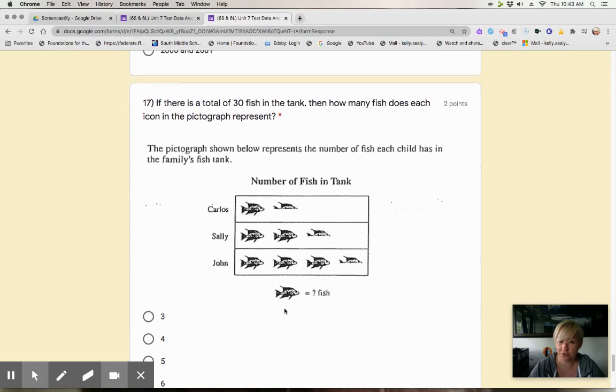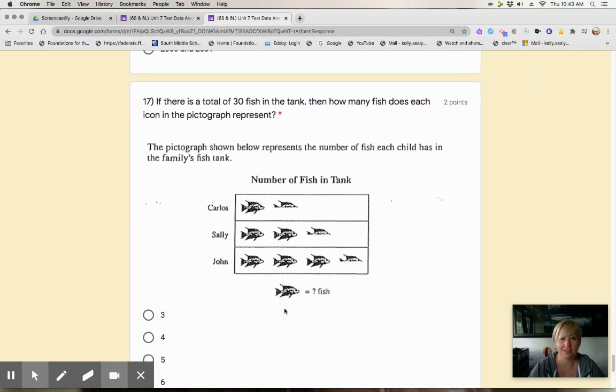Okay, question 17. If there is a total of 30 fish in the tank, then how many fish does each icon or picture in the pictograph represent? First I'm going to count how many pictures are in the pictograph. For Carlos, there's 1.5. When I add that to Sally, that makes 4 total: 1, 2, 3 wholes plus 2 halves, 4 total.